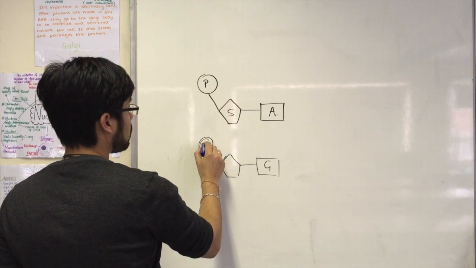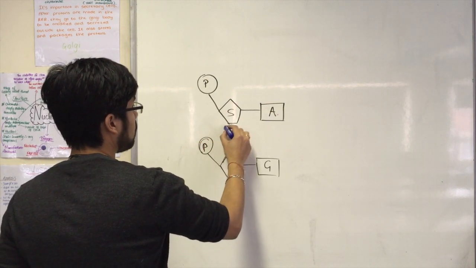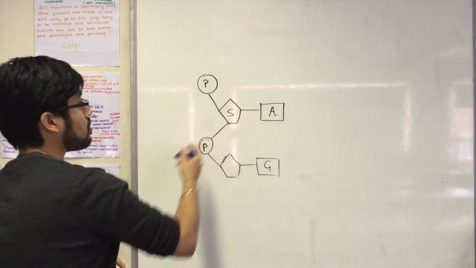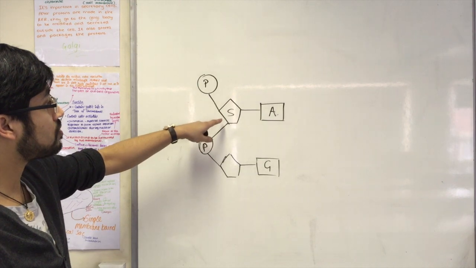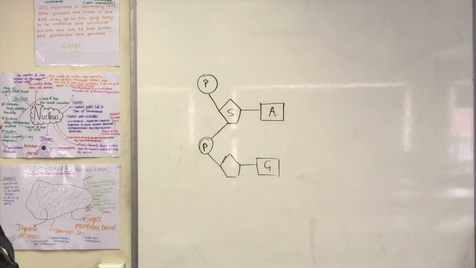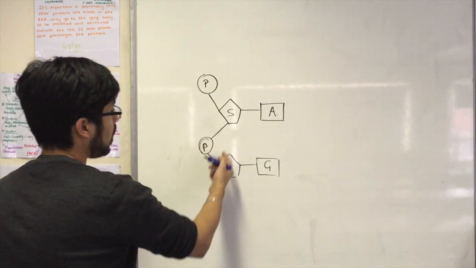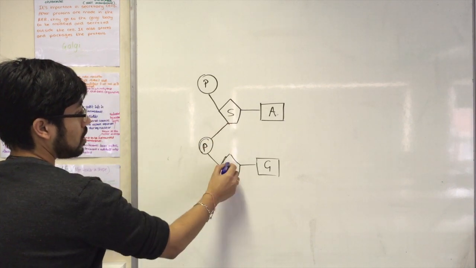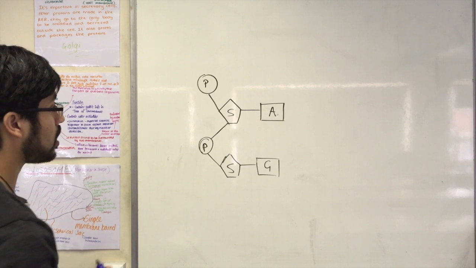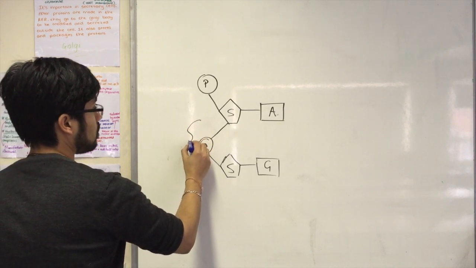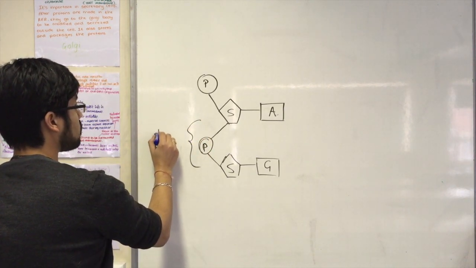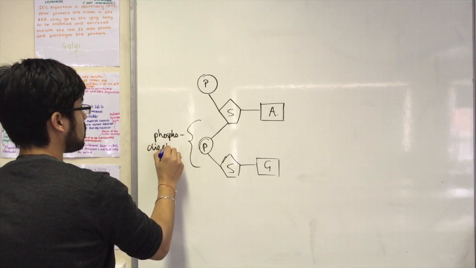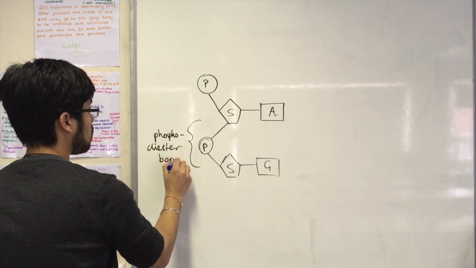Now what happens is that this phosphate group can form an ester bond with one of the OH groups on the other carbons of the sugar. Okay, so now we have a phosphate group which has formed 2 ester bonds to 2 sugars. So this is now called the phosphodiester bond.